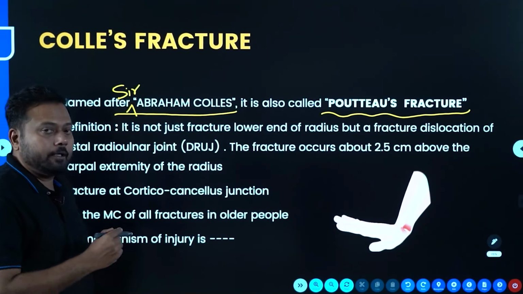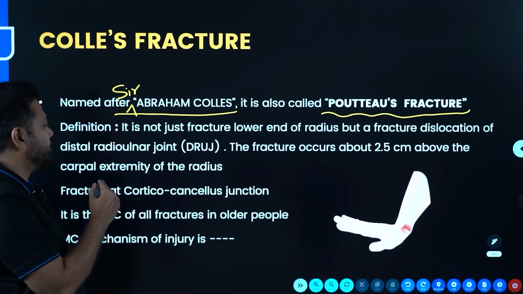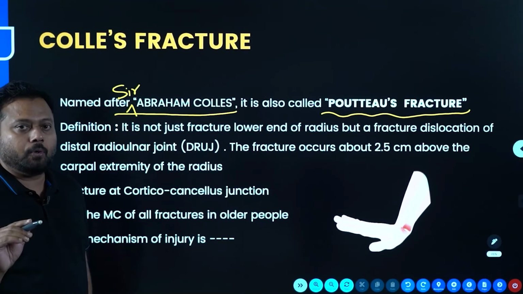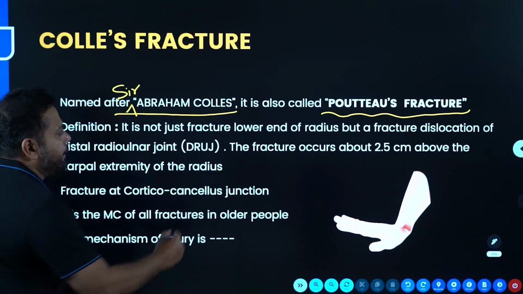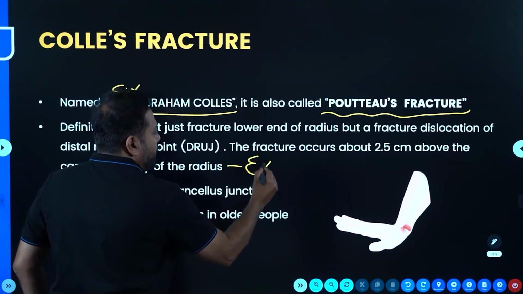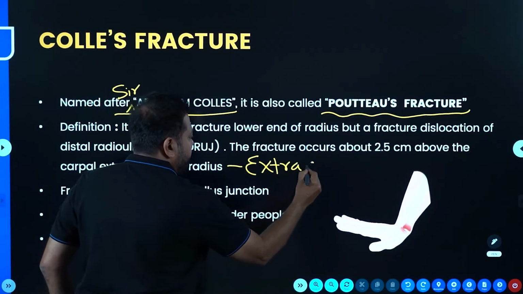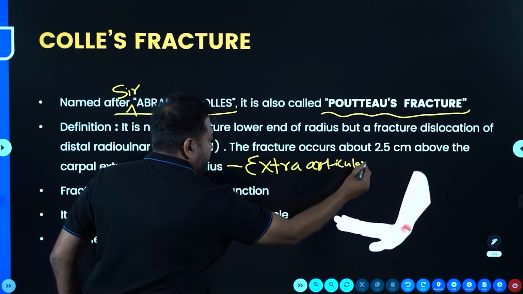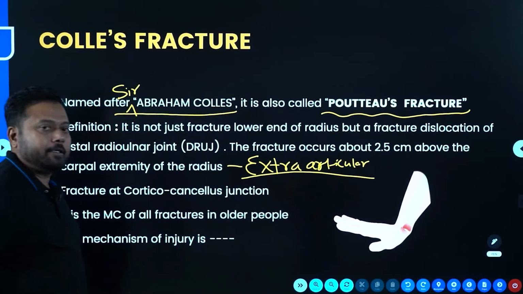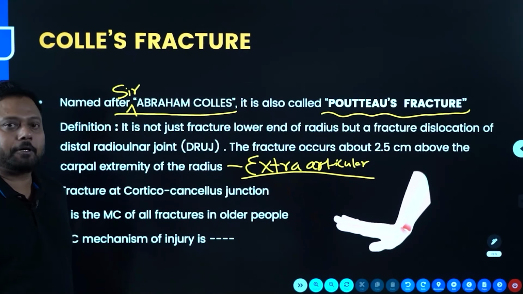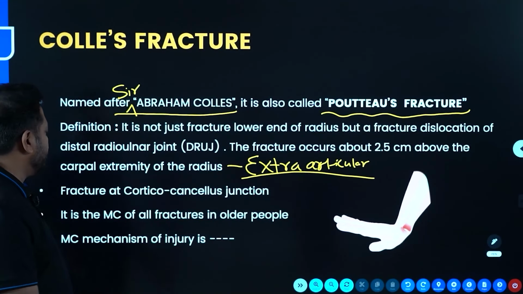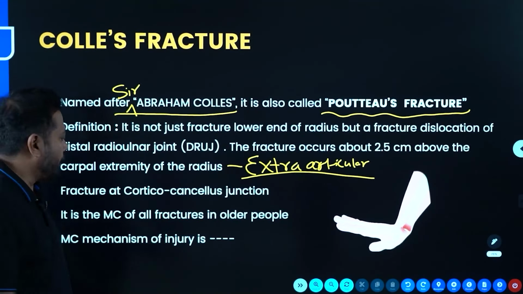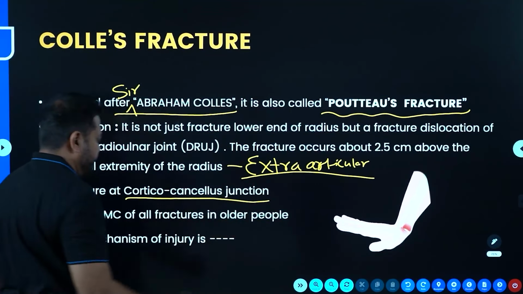It is very clearly extra-articular, whereas Barton's is intra-articular. The fracture happens at the cortico-cancellous junction.